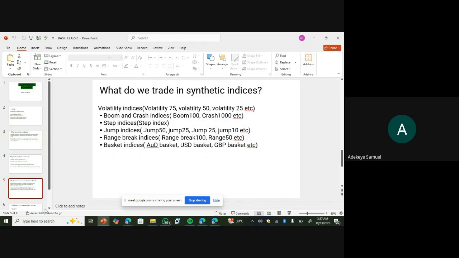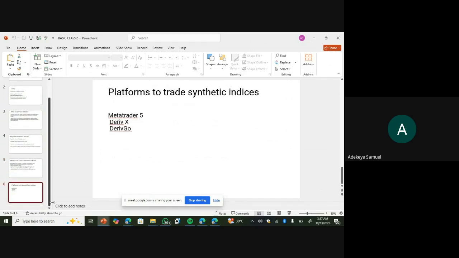And what platform can you trade synthetic indices on? You can trade synthetic indices on Deriv. You can't even find it on other brokers. It's only Deriv that offers synthetic indices.